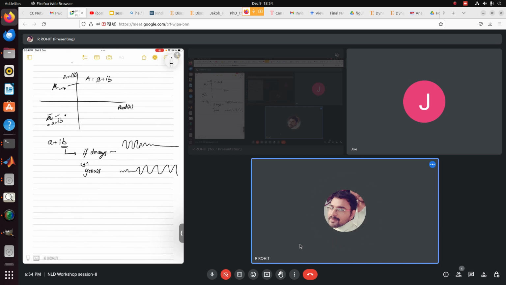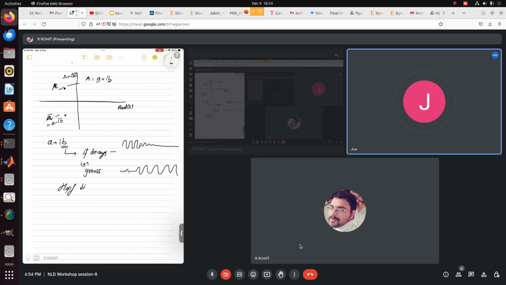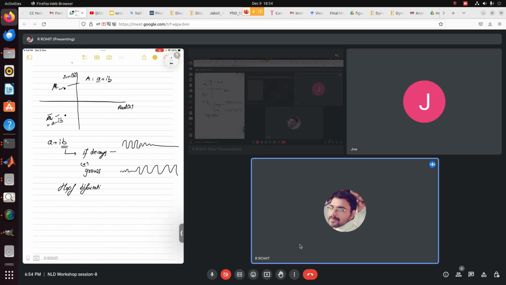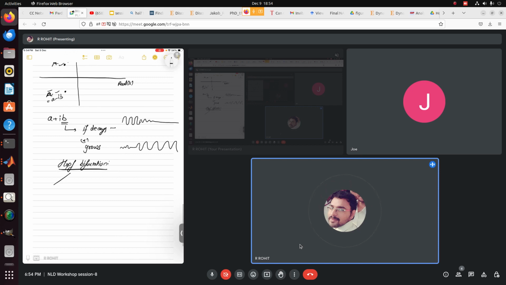So in Hopf bifurcation also, I will give a definition of what the Hopf bifurcation means soon. There are two different kinds, as we had in pitchfork bifurcation. We have something called supercritical Hopf bifurcation, and we have subcritical Hopf bifurcation.